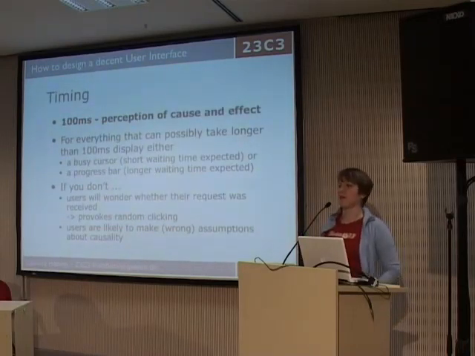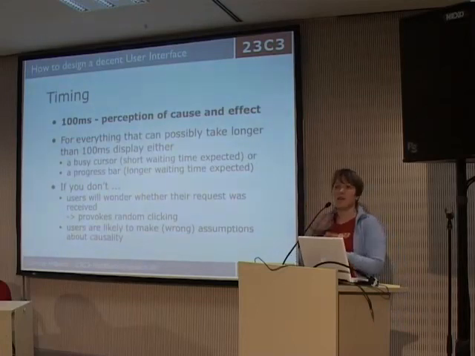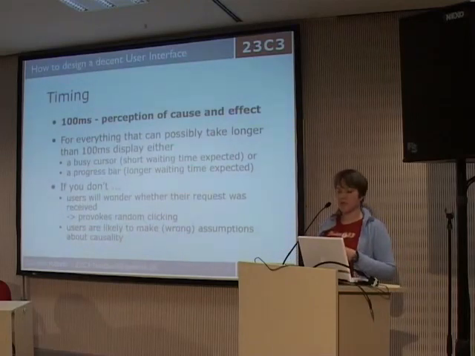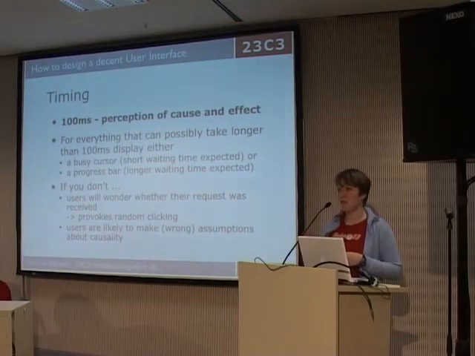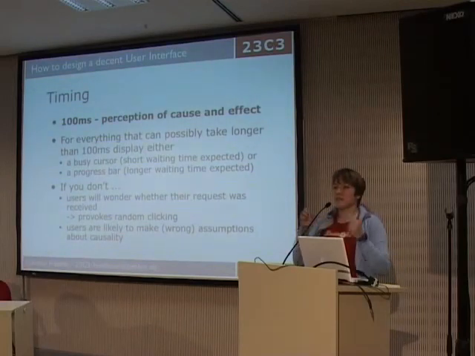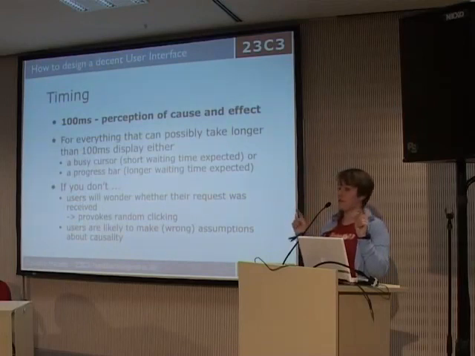First block is timing. There are certain time intervals that are common to every human, and one of them is the perception of cause and effect. This is 100 milliseconds. It's like 1/10 of a second. If we do A and B doesn't happen within 100 milliseconds, we are likely not to make a connection.